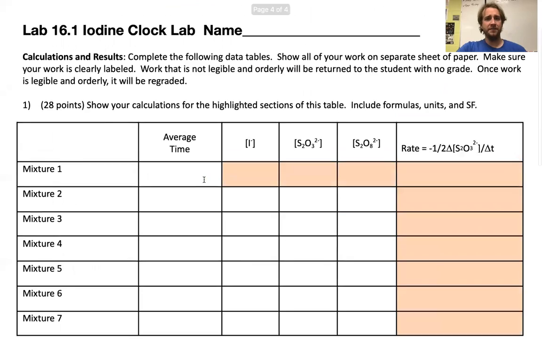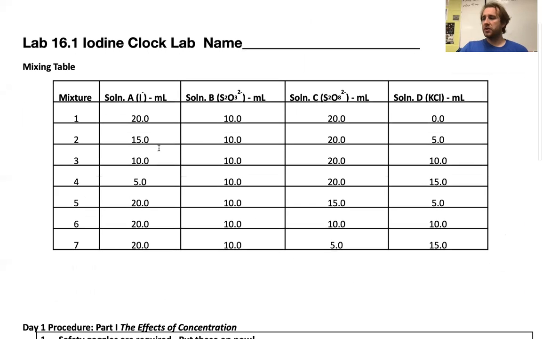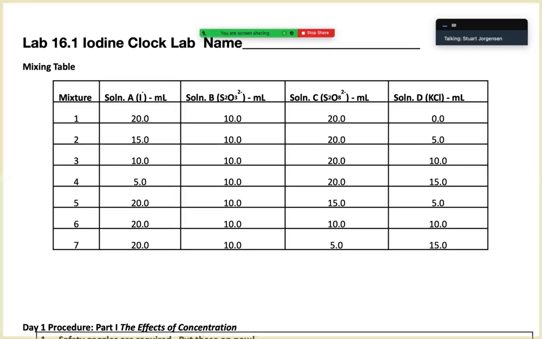If we're going to figure out for reaction one what our new concentration of iodide is, could we do it? Well, sure. We know that originally this potassium iodide was 0.200 molar, and that equals the moles over the liters. I'm going to do mixture one just to show you an example.